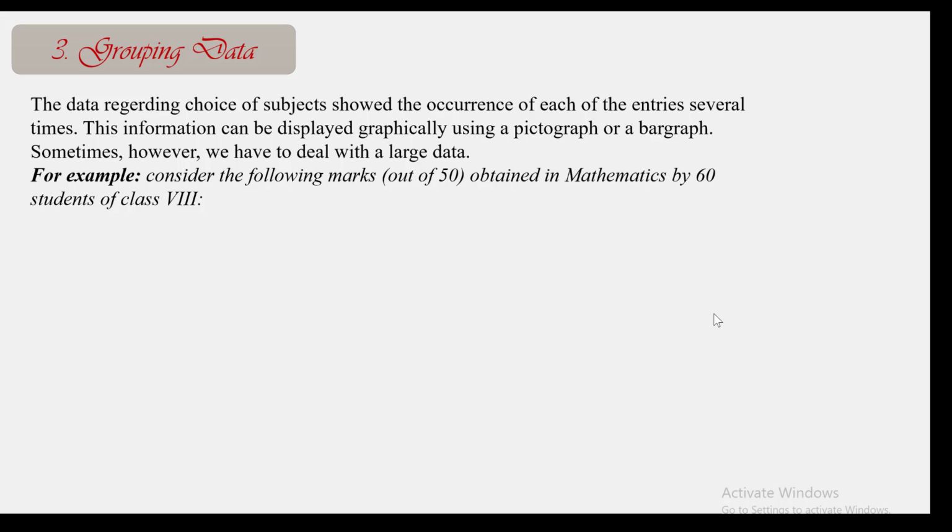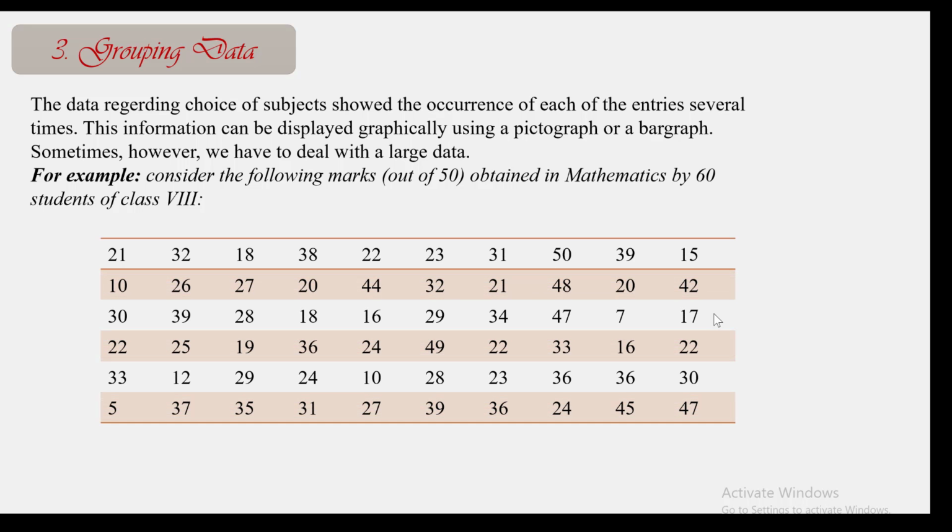For example, consider the following marks out of 50 obtained in mathematics by 60 students of class 8. If we make a frequency distribution table for each observation, then the table would be too long.